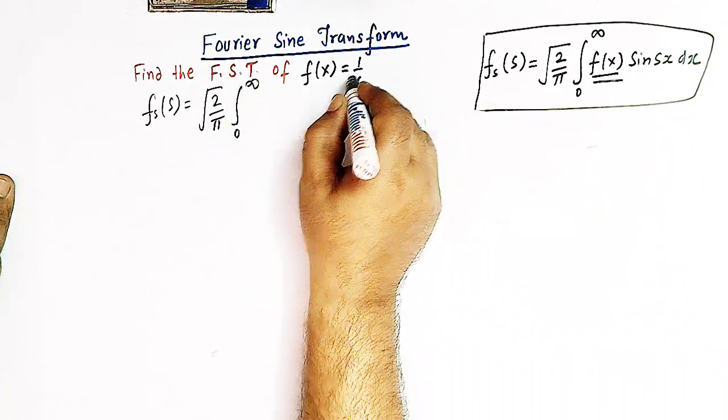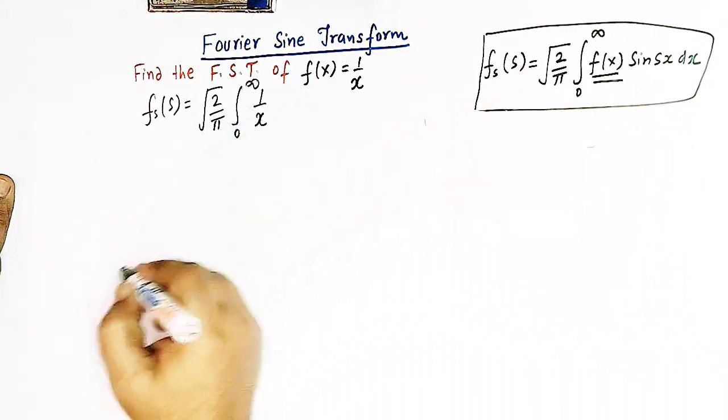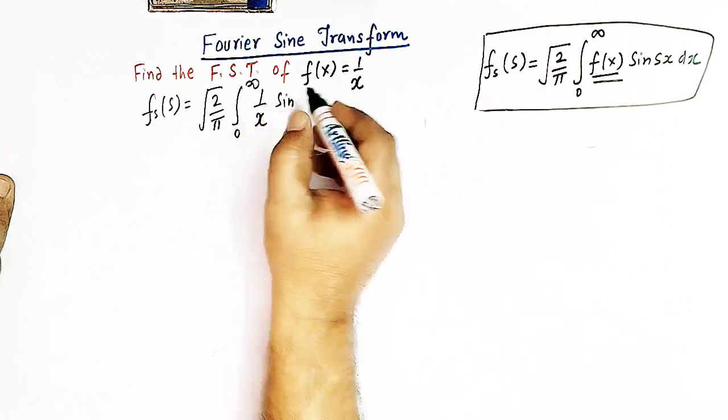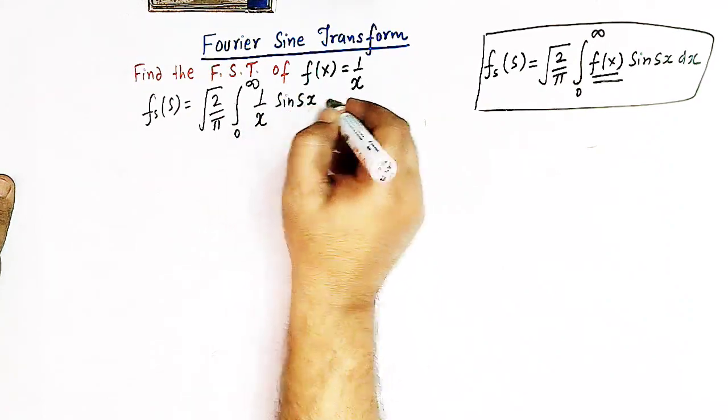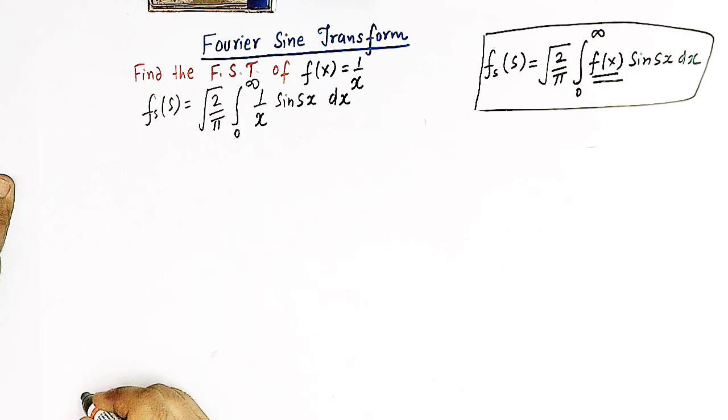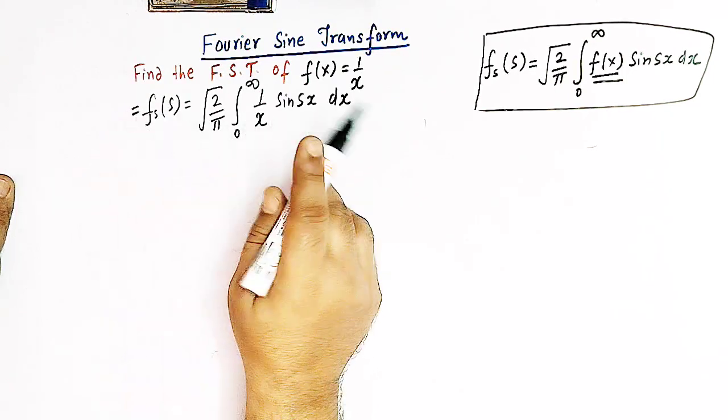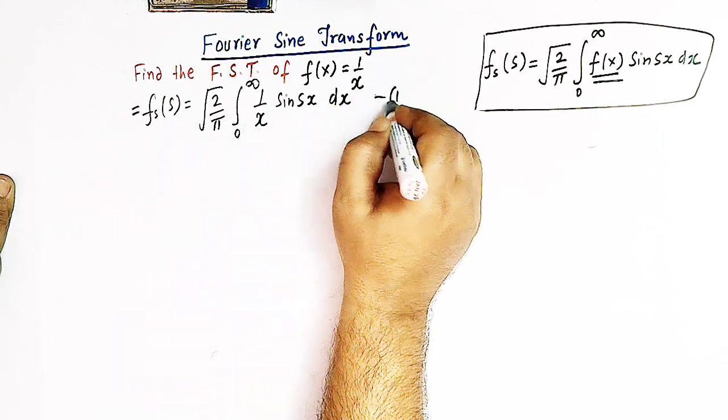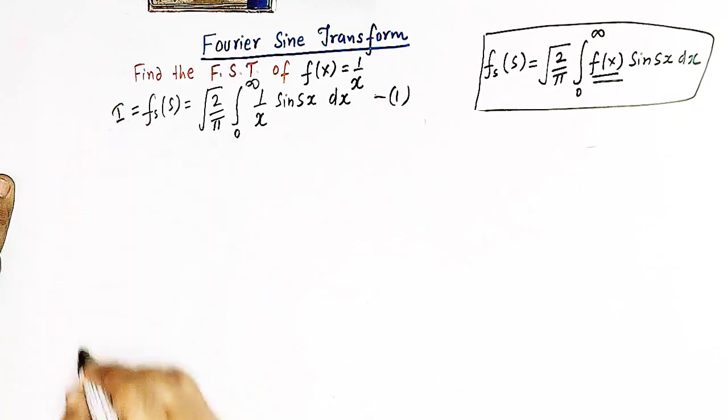For f of x we can now write 1 over x, and here we have sine sx dx, right? So let us call this integral as I, right?